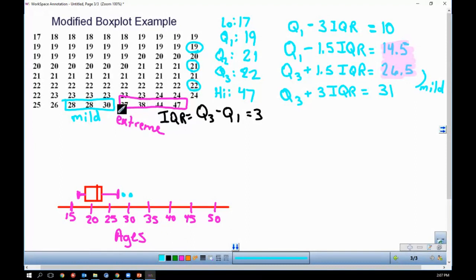Now, what about the extreme outliers? What kind of dots are they? They're open. So I need one at 37, one at 38, one at 44, and another at 47.